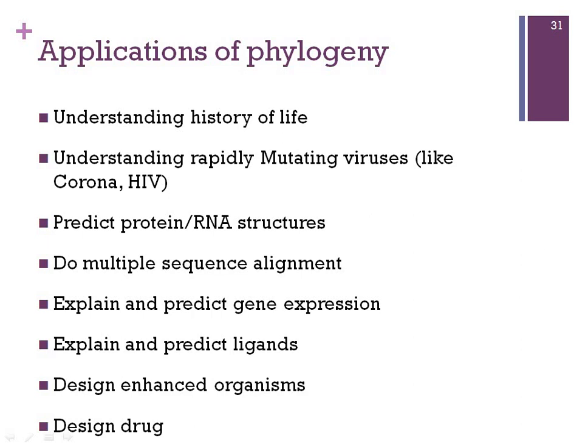Currently, understanding rapidly mutating viruses is an important application in the corona situation, which is also possible with the help of phylogeny. Performing multiple sequence alignment also requires phylogeny because we build a guide tree. Then explaining and predicting gene expression, ligands, designing enhanced organisms, and drug designing also utilize the phylogeny concept.